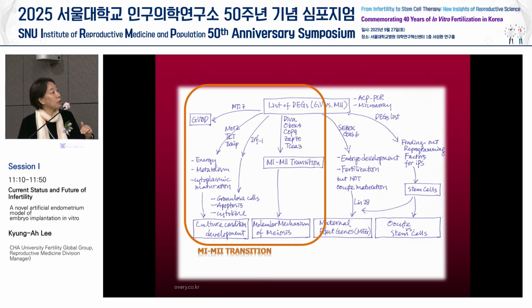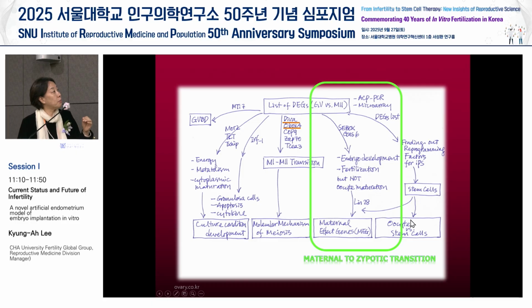So by having many cells, we realized that a couple of genes are important for the M1, M2 transition for nuclear maturation, but some genes are not important for nuclear maturation but for cytoplasmic maturation and further embryo development. We learned that there are maternal effect genes that are important for embryo development.